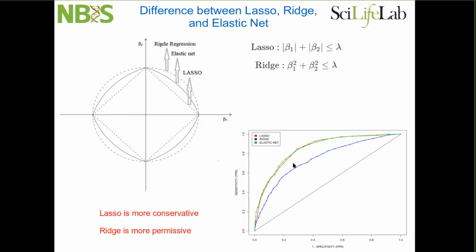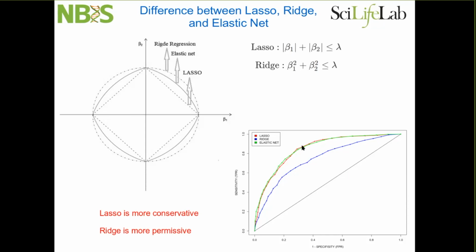Here I simply compare the predictive capacity of Lasso, Ridge, and Elastic Net. And I think it's pretty clear that for this gene expression from skeletal muscle data set, using gender as a response variable, I visualize the predictive capacity of these three models through the so-called ROC curve. It's a standard way to measure sensitivity and specificity of the model.